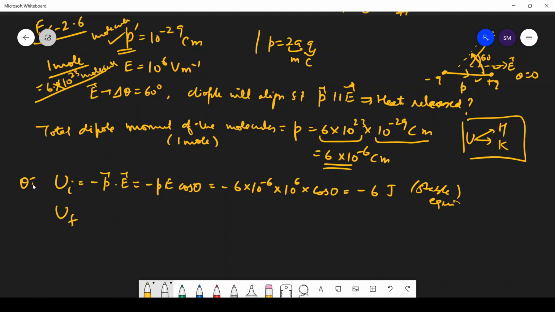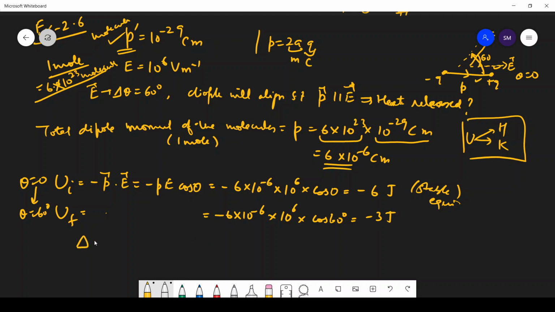I have changed the angle of the electric field to 60 degrees. So UF is equal to minus P dot E, which is minus 6 into 10 to the power 6 times... P is the same, E is also the same, but the angle is changed. Now the angle is cos 60 degrees. What is cos 60 degrees? 1 by 2. So half of this is minus 3 joules.